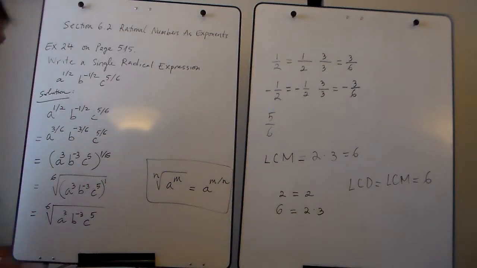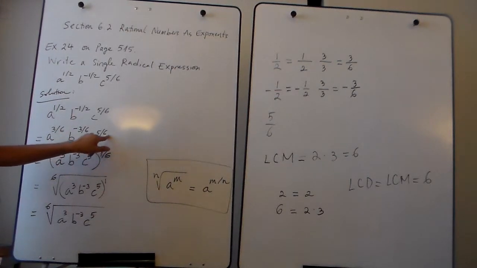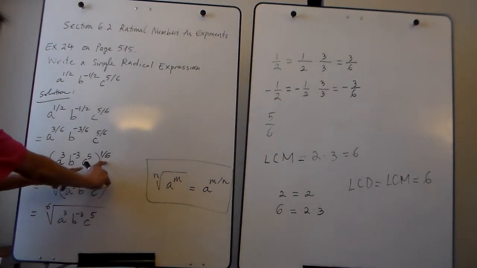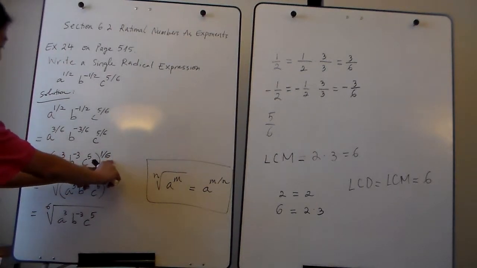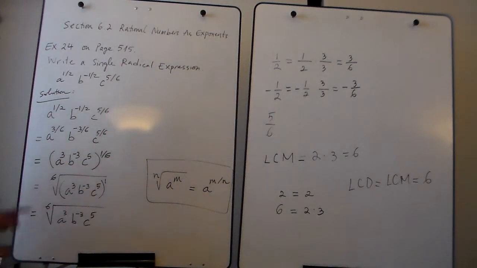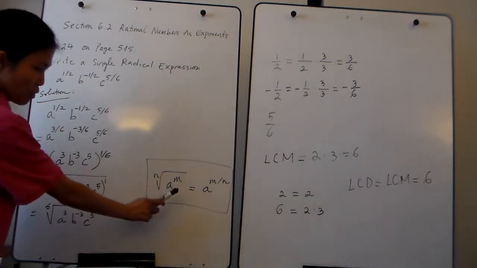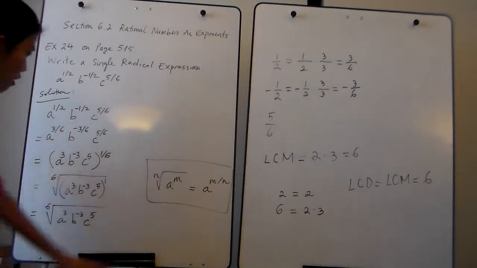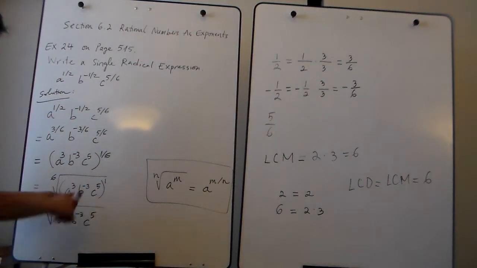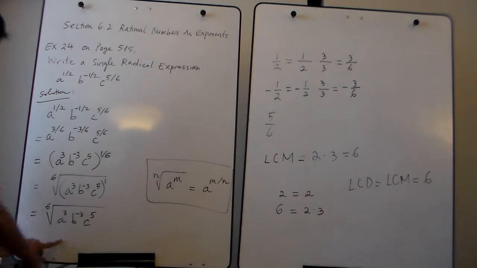This is already in the LCD form, so we don't have to do anything for the exponent of C. Once we have the same denominator, we can combine all these three to one with the same exponent outside parentheses. To go from here to here, we use the law of exponents, and then from here we can use this radical formula to convert from exponent expression to radical, and then we get this, and to simplify the inside we get this, and this is the answer.